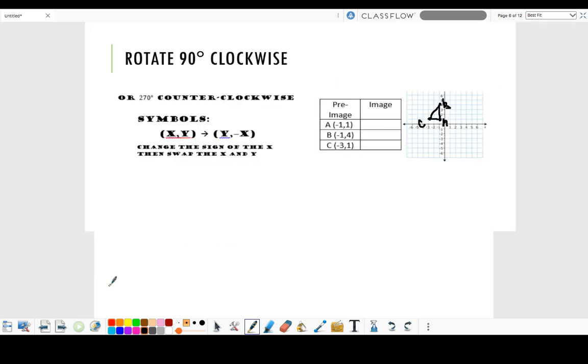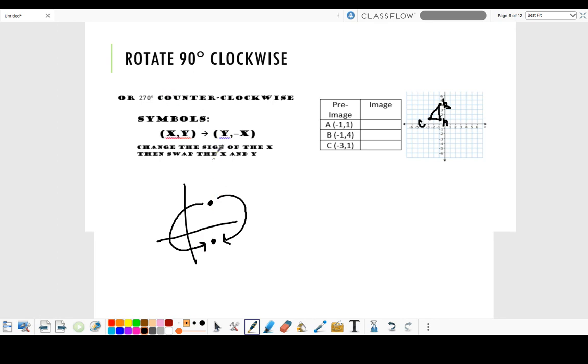All right, next we have this idea of rotating 90 degrees clockwise. And rotations are sometimes a little bit difficult. Now, when we rotate 90 degrees clockwise, so if we think about a graph, and we have a point right here, if we're going 90 degrees clockwise, the point would go into this quadrant. Now, we can also say that we're going 270 degrees counterclockwise.